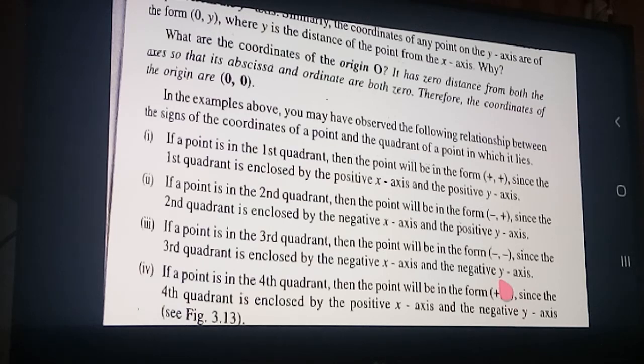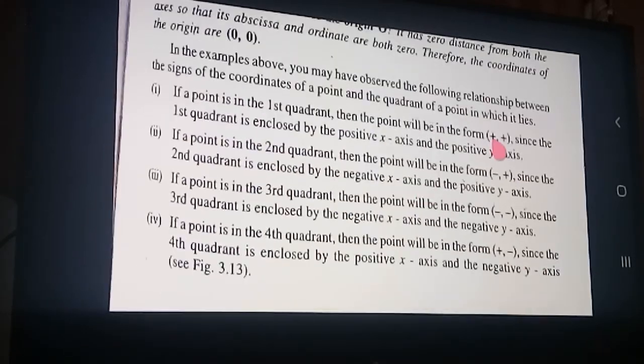Clear now? In the first quadrant, the coordinates are positive and positive. In the second quadrant, the x coordinate is negative and the y coordinate positive. In the third quadrant, both are negative. In the fourth quadrant, the x coordinate is positive and the y coordinate negative.